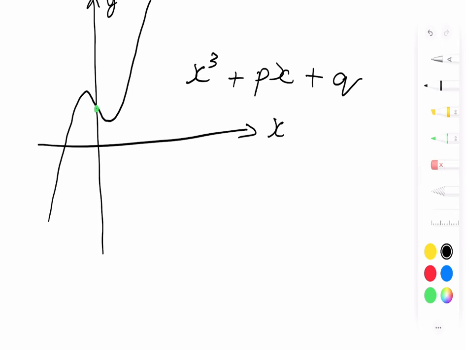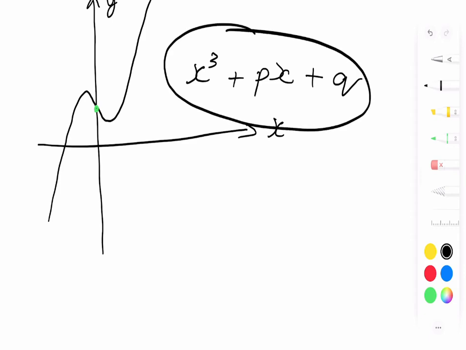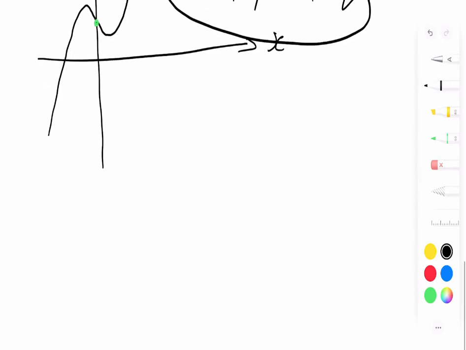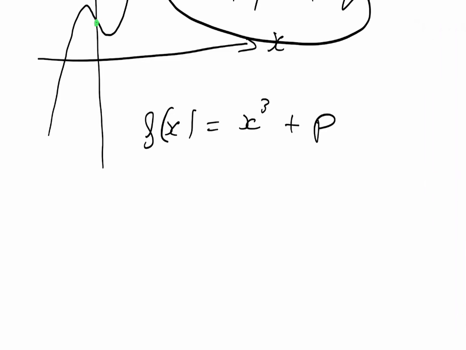To show that the inflection point does lie on the y-axis when we have a cubic of this form, I am going to let f of x equal x cubed plus px plus q.